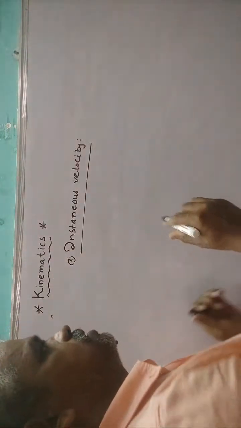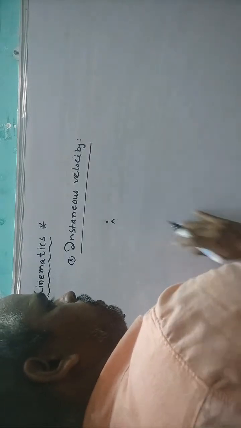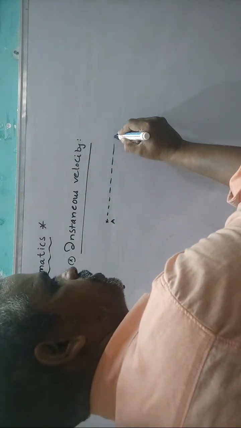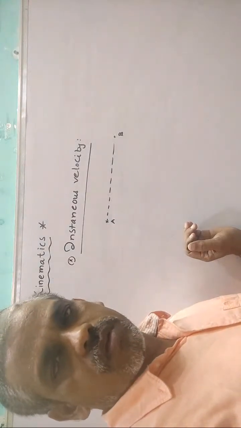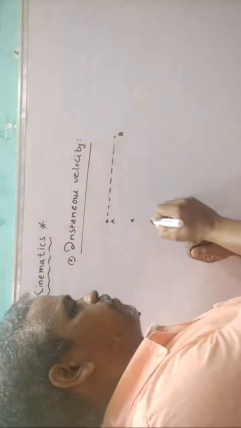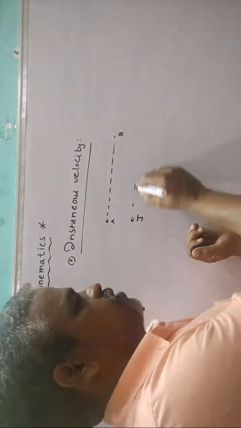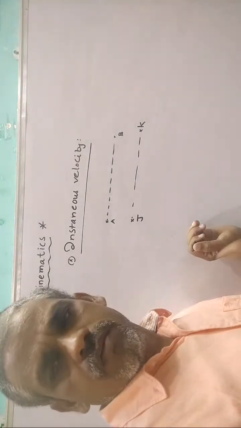Instantaneous velocity. Simple. See, a particle or a body starts from A and reaches B. In our general life, for example, I am traveling from Jaichal to Karimnagar. Well known.